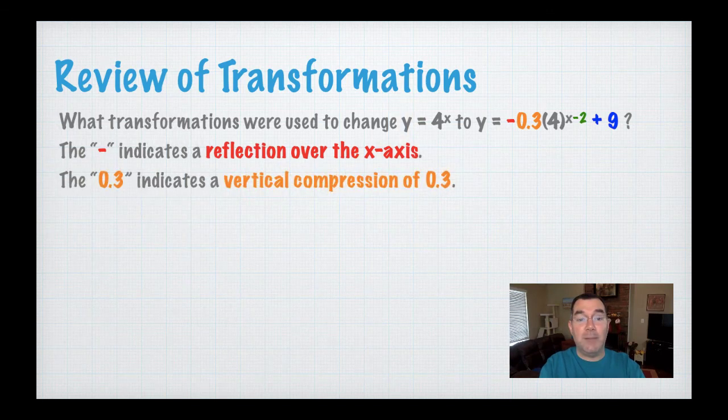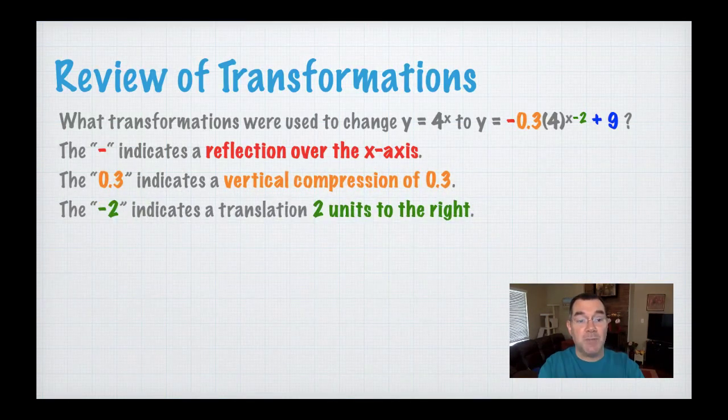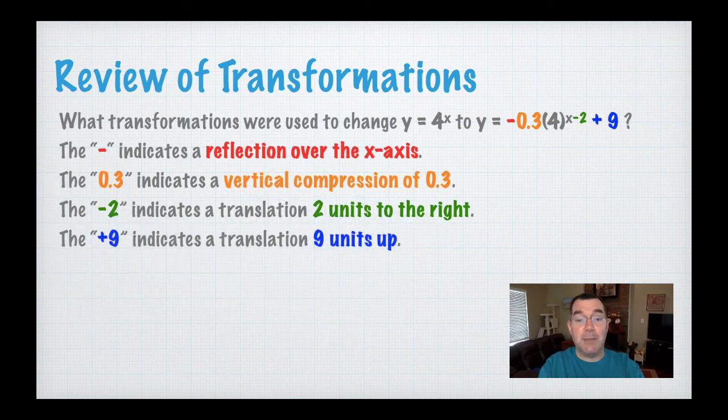The 0.3 meant that there was a vertical compression of 0.3. Because 0.3 is between 0 and 1, we know it was a compression, not a stretch. Because of the negative 2 that's tacked on in the exponent there, that's a translation of 2 units to the right. And finally, the plus 9 at the end means that the entire function moved up 9 units.